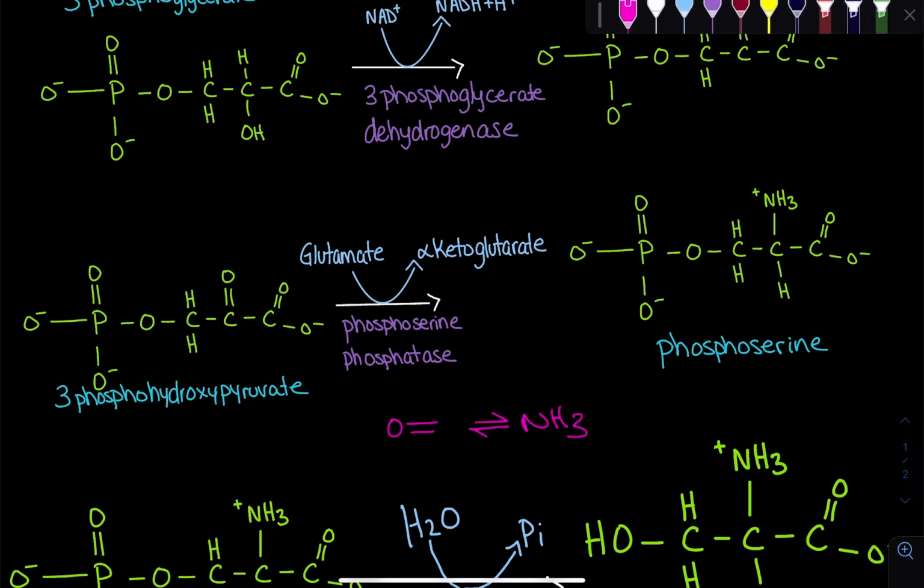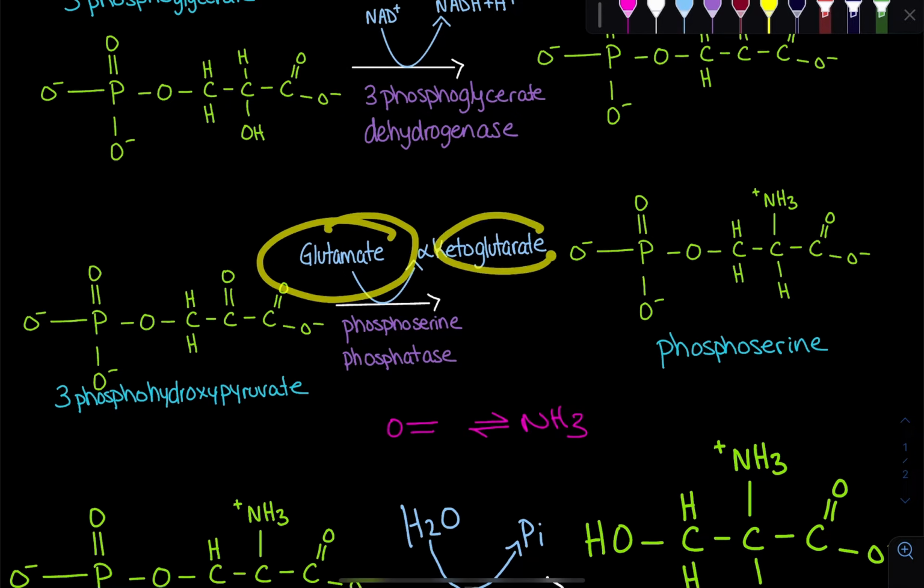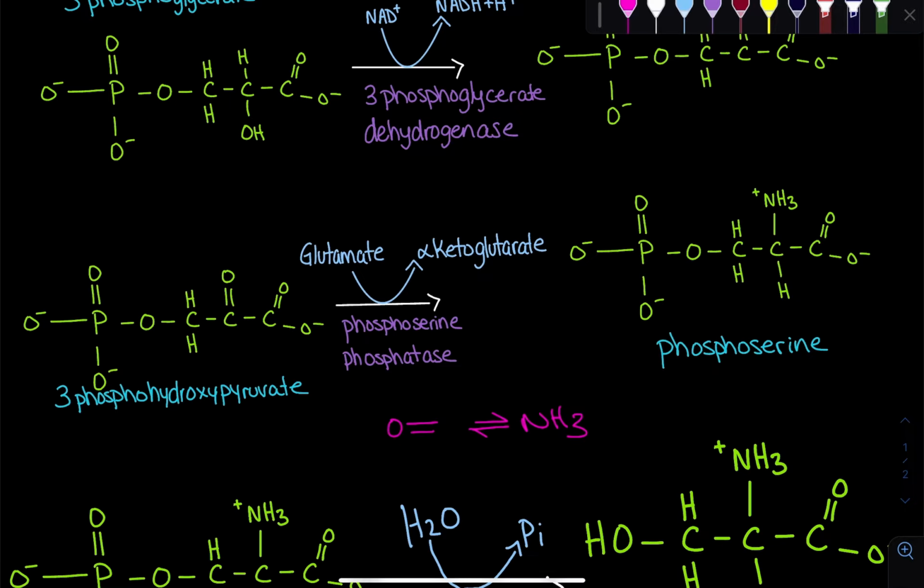So here, we're going from an NH3 to a double-bonded oxygen. So here, we're going to go from a double-bonded oxygen to an NH3. This is a very common reaction we will see. It happens between glutamate and alpha-ketoglutarate, and that's what's going to happen over here.